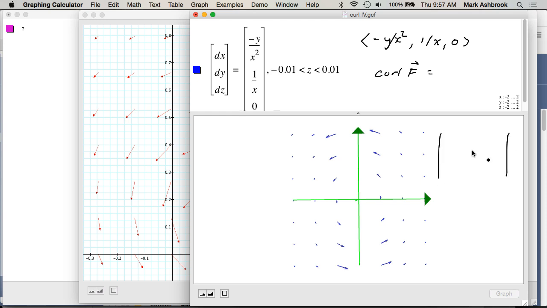So you can do i, j, k, and then the operator with respect to x, y, and z. I don't have a lot of room, so I'm just going to do it this way. And then you put your vector field in the last row: negative y, x to the minus 2, x to the minus 1, and 0. Then just work out the cross product algorithm, but you're not multiplying.